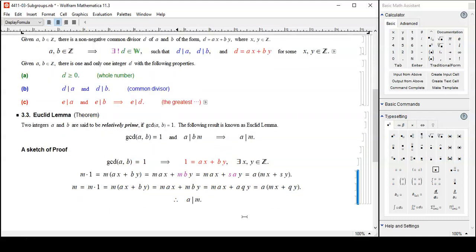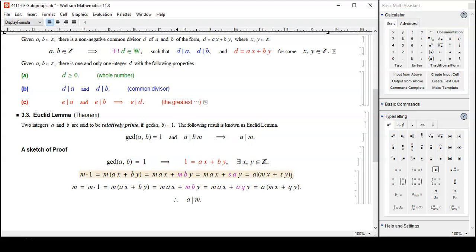Here's a full proof. Instead of sa, I used aq. This purple, that purple.